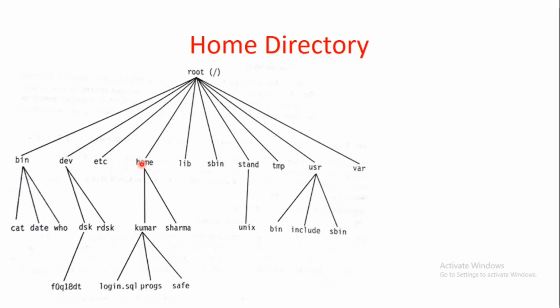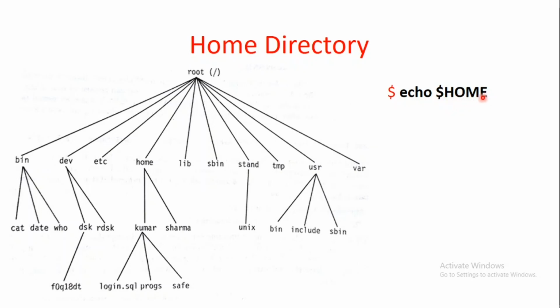How do we know the value of a home directory? All these values are present in one of the environment variables provided by the shell, which is called HOME. If I want to know, after logging in, the path of my home directory, the name of the variable is HOME.